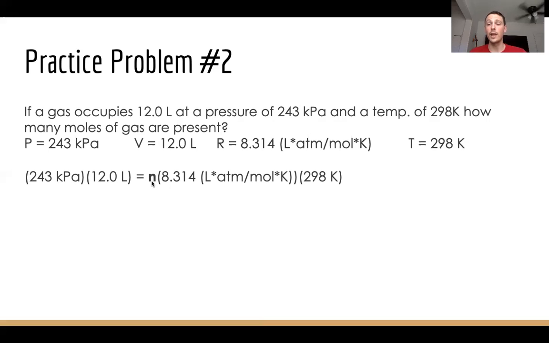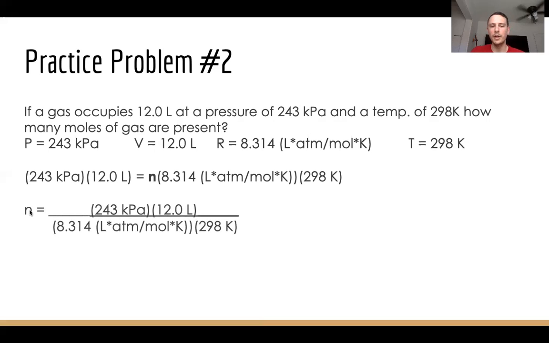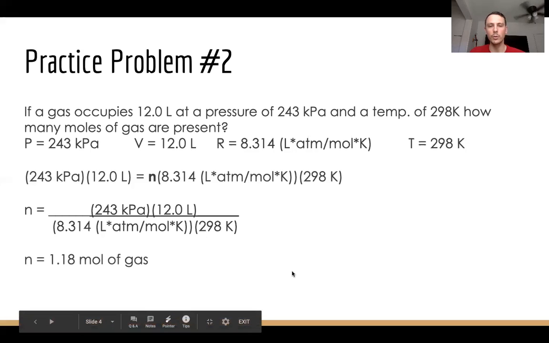Now to solve for N, we just do a little bit of algebra. We would divide both sides by both of the terms here. We end up with N by itself equals the pressure times the volume in our numerator divided by our R value and our T value here. So once you have this, just plug it into your calculator and you end up getting 1.18 moles of gas are in this container.